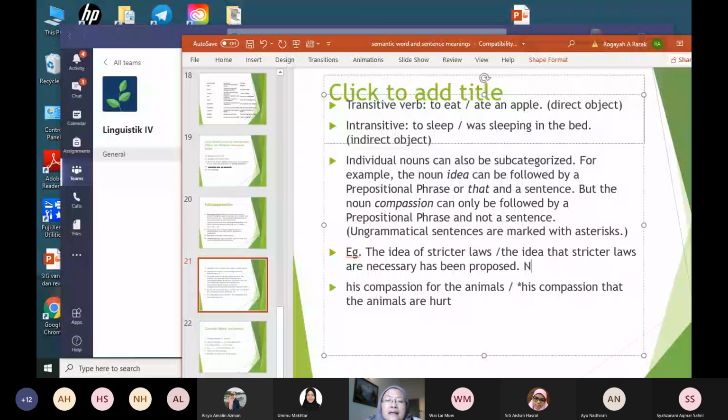So this is the idea, what we are saying, the idea of stricter laws. So this is idea.